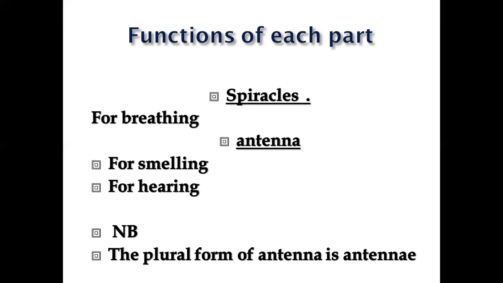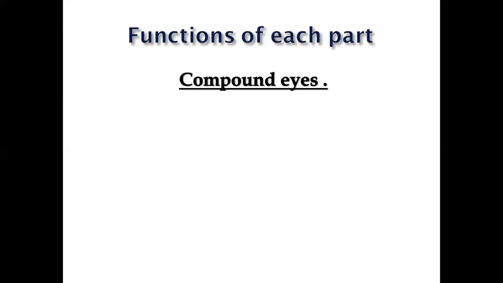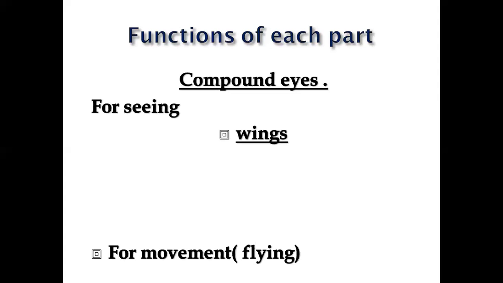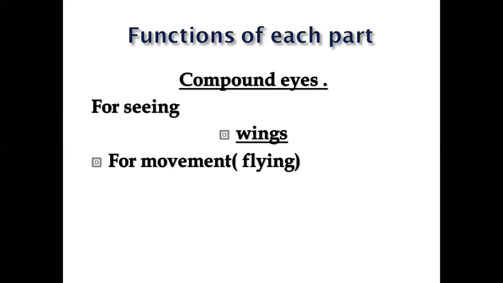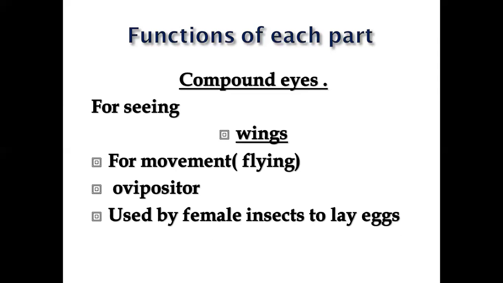We simply add E and we form the plural form. Functions of each part: compound eyes are for seeing, definitely. The wings are for movement, and insects move by flying. The ovipositor is used by the females to lay eggs.